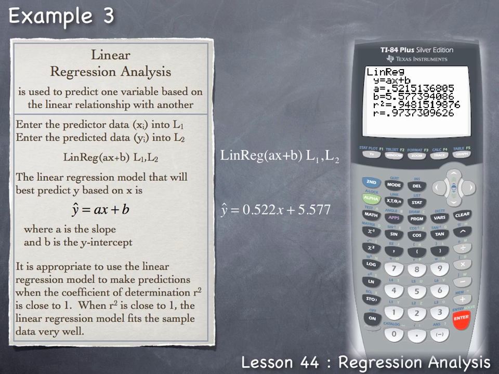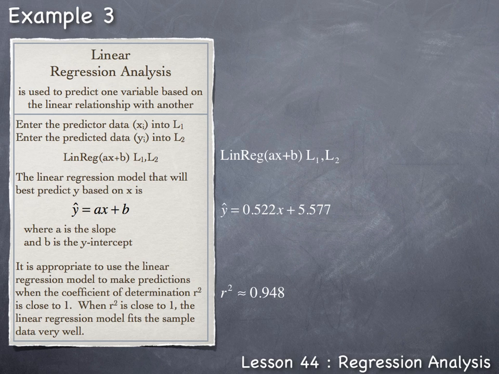Now, in order to determine if it's appropriate to use the linear regression model to make predictions, we need to look at the coefficient of determination, or r squared. In this case, r squared rounds to 0.948. So, in interpreting these results, we can see that if we take x, the person's height, multiply it by the slope of 0.522, and then add 5.577, it will equal y hat, the best predicted location of their belly button.